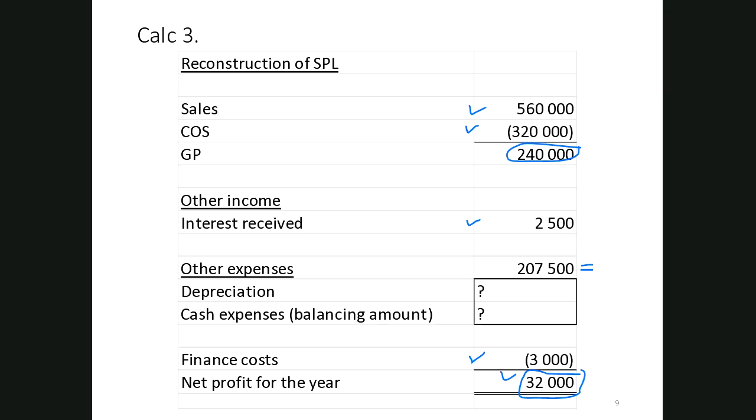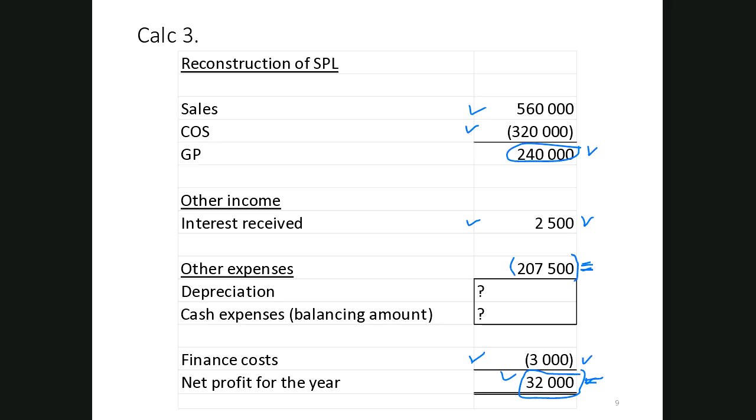But if you take 240,000 plus 2,500 and you subtract 3,000 and you subtract the profit of 32,000, you're going to get 207,500. Okay, that should actually be in a bracket, sorry. So that 207,500 is the balancing amount. So if you now had to take 240,000 plus 2,500, subtract 207,500, subtract 3,000, you will get 32,000. Okay, so this was a balancing amount, this other expenses.